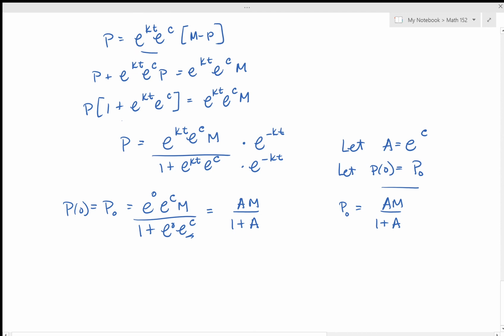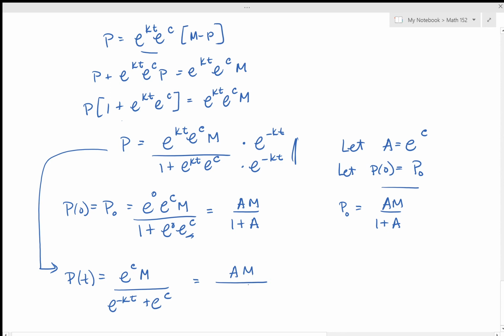We get then that P of T is E to the C times M, now doing this multiplication right here, over E to the minus KT plus E to the C. And that is going to be equal to AM over E to the minus KT plus A. Okay, so I've got a solution for my differential equation, and I know what A is.